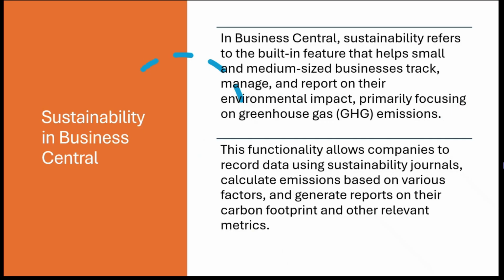So what do we basically do in Business Central? In Business Central, we track the GHG emissions to the environment, and we can manage the reporting and share it with the local authorities, because in a few countries there is now a legal requirement that you also need to make sure about your impact on the environment and what sustainability management you are doing as a part of the business.